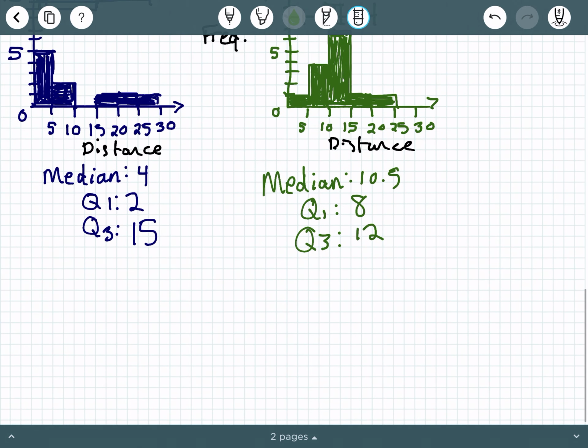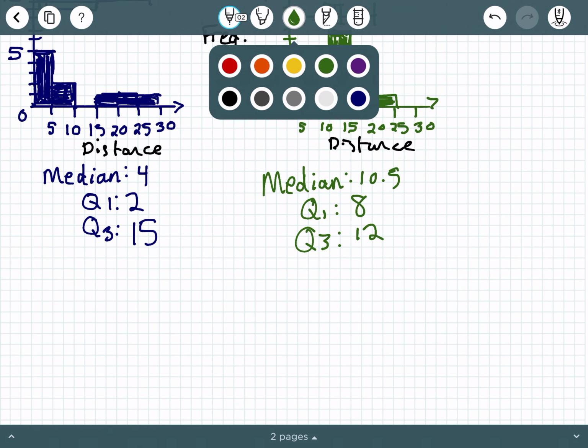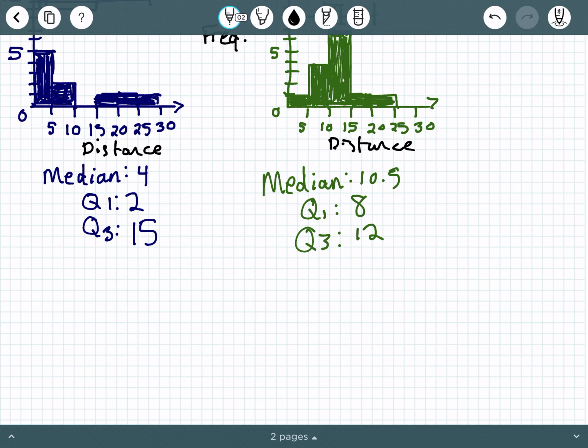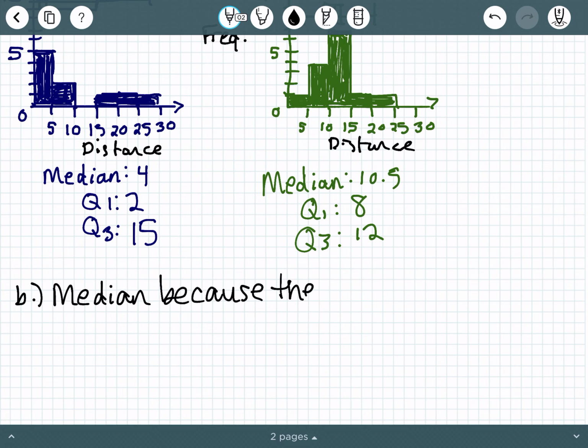So we are going to say median, and again, this is part B, so we're going to say median because the data is not symmetric.